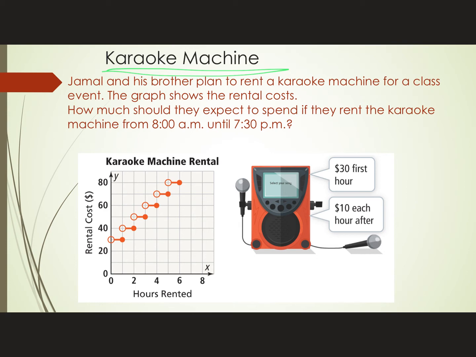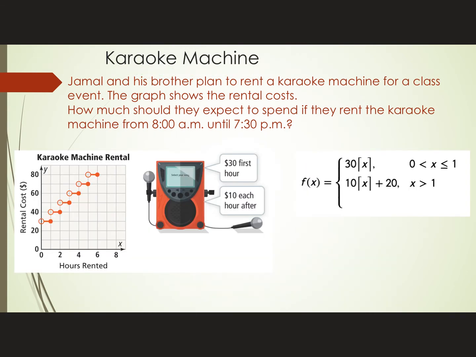So if they're renting this from 8 a.m. until 7:30 p.m., we think about how long they're renting it for. But let's think first about, we need a function for this. So we have this wonderful graph, but let's write a function. See here, we have our function.